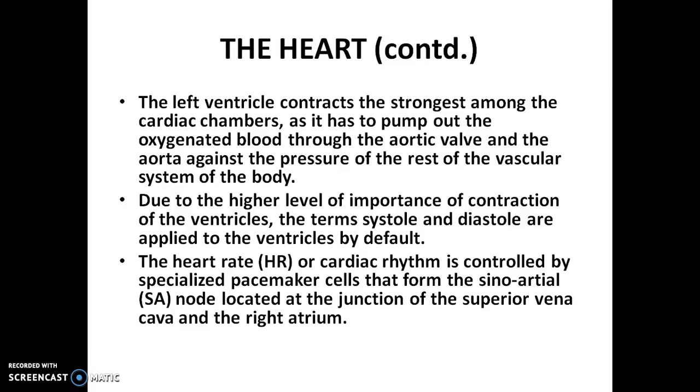The left ventricle contracts very strongly because it pumps very hard. We have seen that the left ventricle pumps the blood to different parts of the body through a tube called the aorta. Since it has to pump the blood to different parts of the body, the contraction of the left ventricle is the strongest among the chambers.